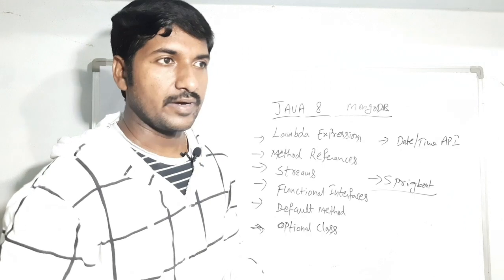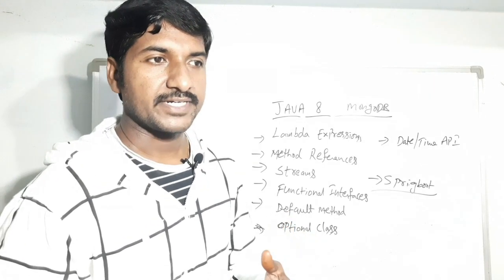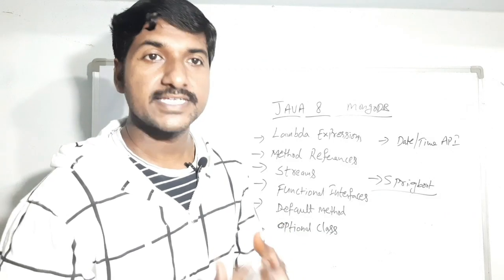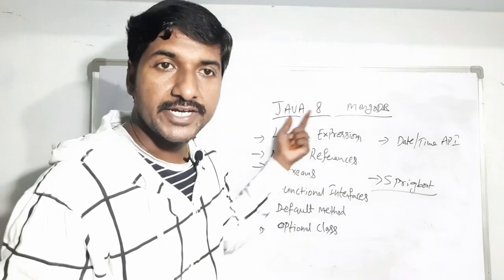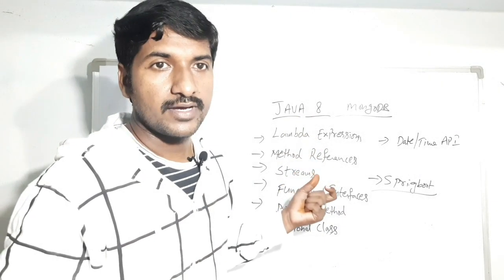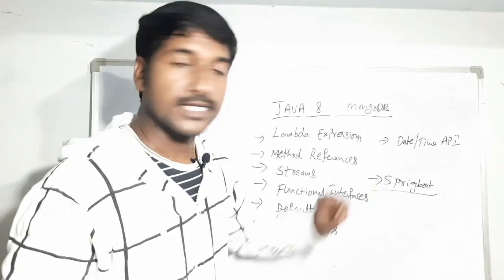In simple words, companies expect multiple skills from senior Java developers. You must be experienced in Java 8 features along with core Java, and at the same time the Spring framework, Spring MVC, and Spring Boot.